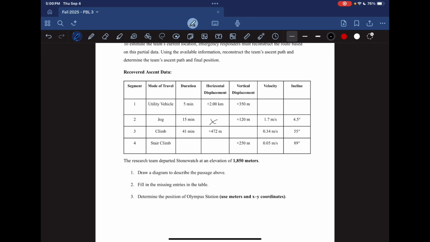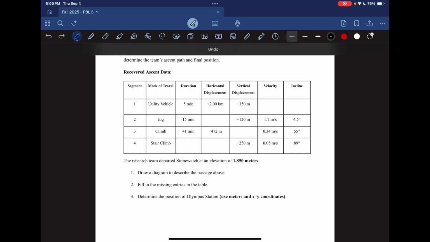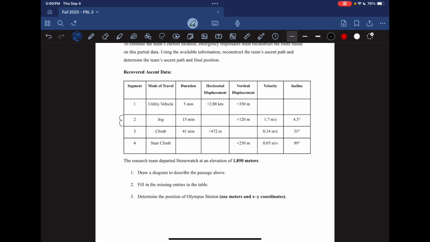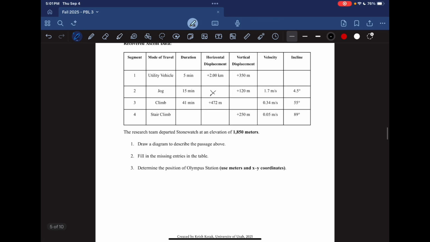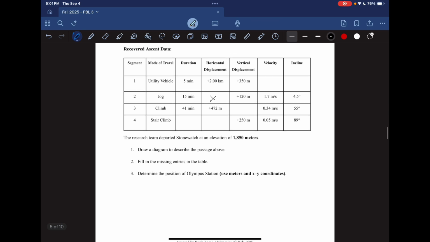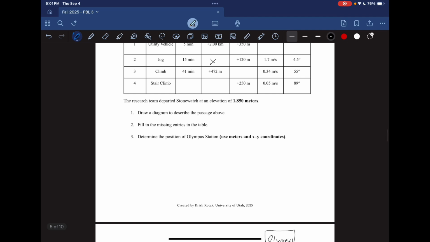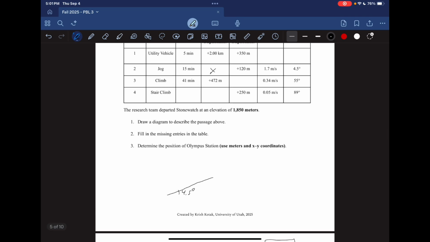So this piece X here, it wants us to use the information from segment 2 to fill it out. I'm going to call this x because it's the horizontal displacement during their 15-minute jog. They have a velocity of 1.7 meters per second at an incline of 4.5 degrees. So I'm going to draw that. There's 4.5 degrees here, and then it's 1.7 meters per second here.